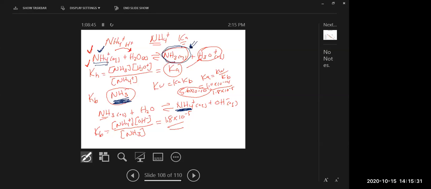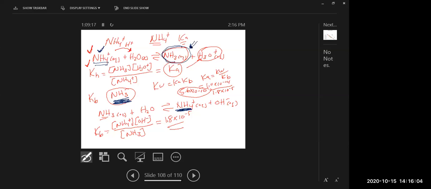So my recommendation would be to write the correct hydrolysis reaction, and whatever it produces, which is where it comes from, you should be able to find on a table. It may be on a Ka table, it may be on a Kb table, and you may have to use Kw to convert it into the right value for Ka or Kb. You might not be able to find the actual Ka or Kb value for your hydrolysis reaction, but you should be able to find where it came from on a Ka or Kb table, and then do the appropriate calculation.